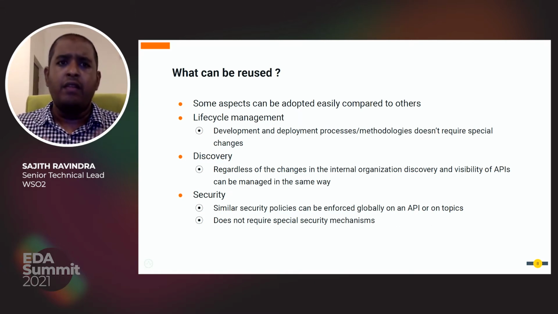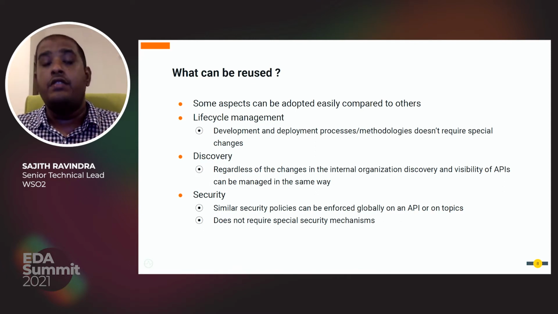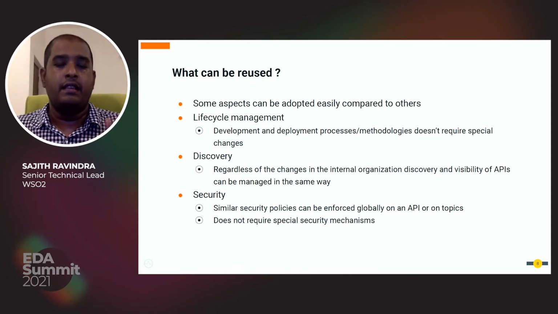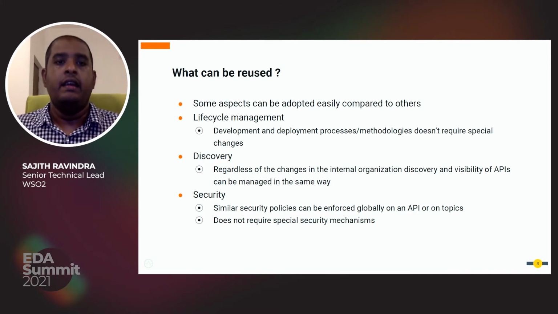So, and also when it comes to API discovery, how you discover APIs by going into a developer portal and browsing through the available APIs and by looking at the documentation, etc. That experience also does not need to change, because the streaming API is a collection of topics, whereas a REST API is a collection of REST resources.